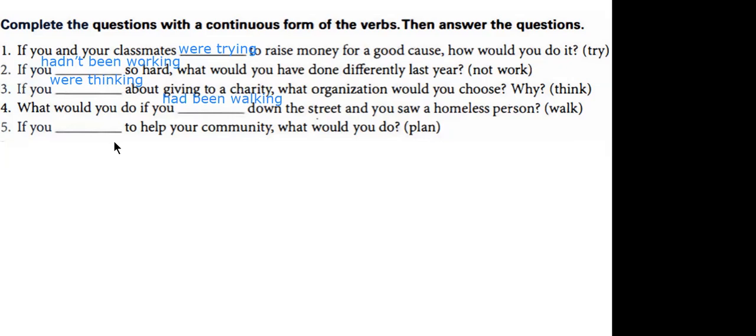You were planning. If you were planning to help your community. Exactly. If you were planning.